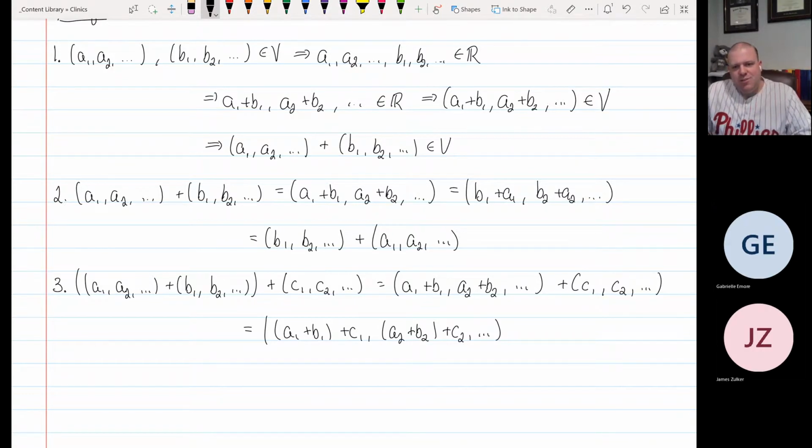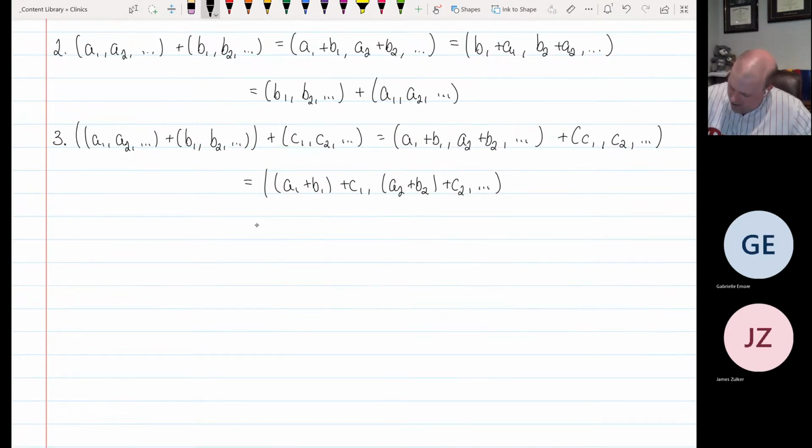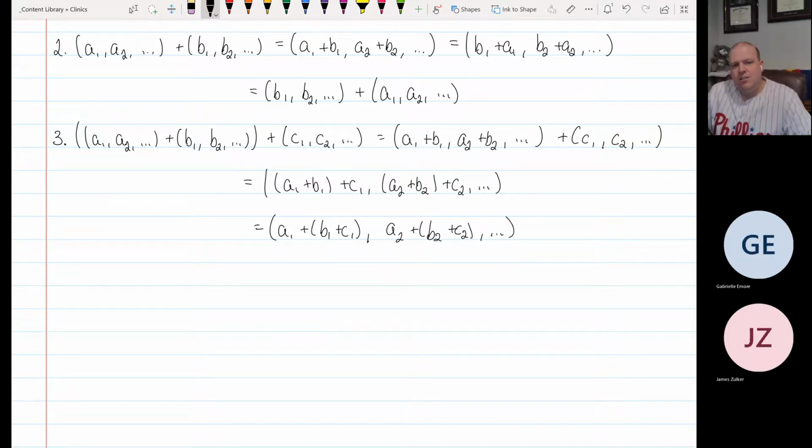We know that the addition of real numbers itself is associative, so how we group them doesn't matter. So we're allowed to write that.